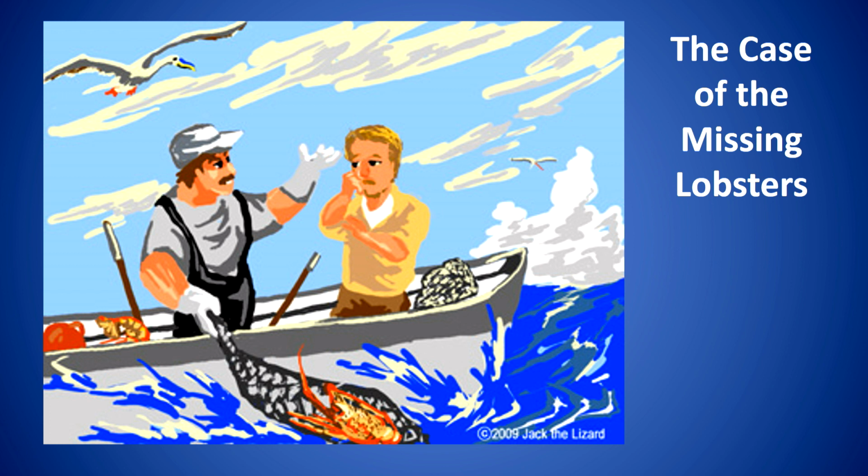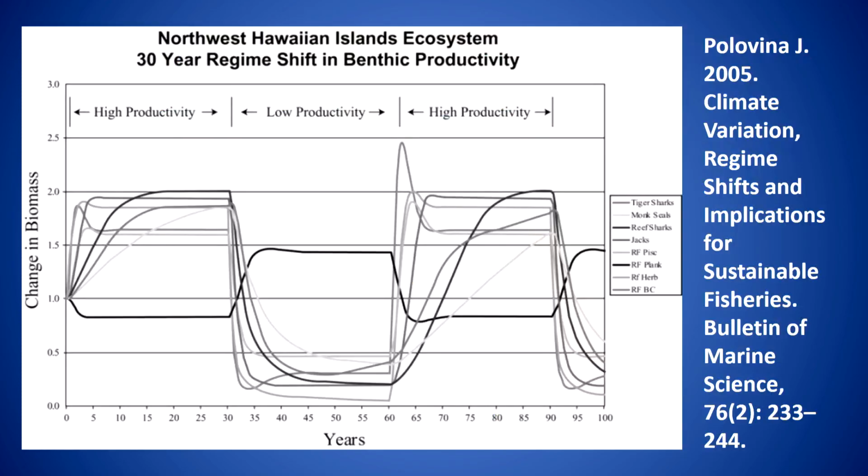Overfishing did not cause a decline in lobster catches. That's the good news. The bad news is that unless the Aleutian low strengthened again, lobster catch will remain poor. Dr. Polovina's findings are found in several scientific publications, including the Bulletin of Marine Science. They highlight the importance of integrating marine ecosystem and climate observations into the fishery management process.